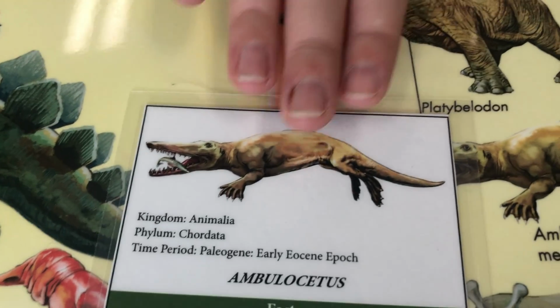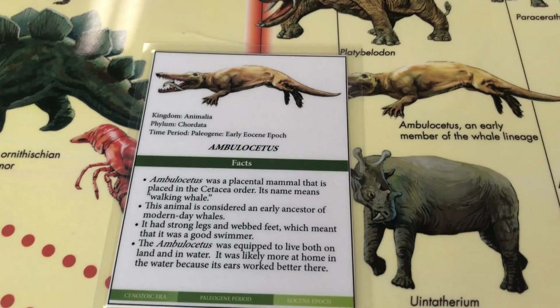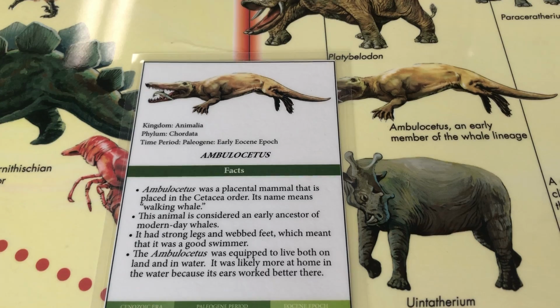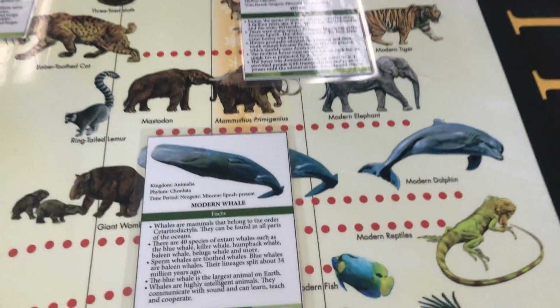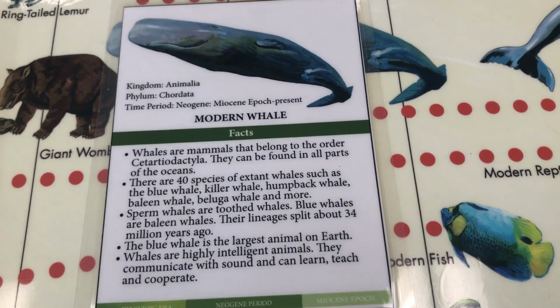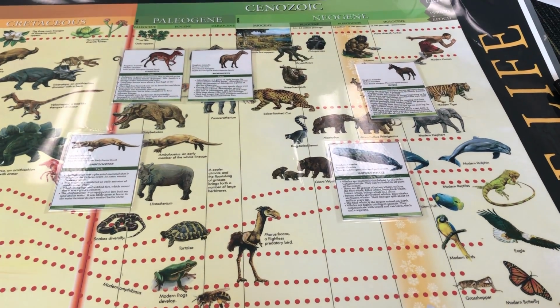This is a mammal that returned to the ocean, and you might be able to think of a mammal that lives in the ocean right now. It's the modern whale. The Ambulocetus is actually an ancestor of the whale. So if you look at a whale's bones now, you can see what used to be feet and arms and stuff. It's really cool.